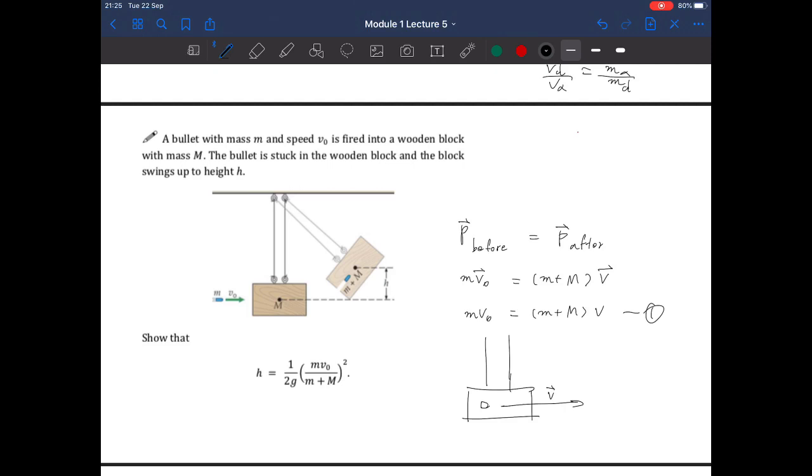the second equation, which is 1/2 of m plus M times v squared equals m plus M g h.